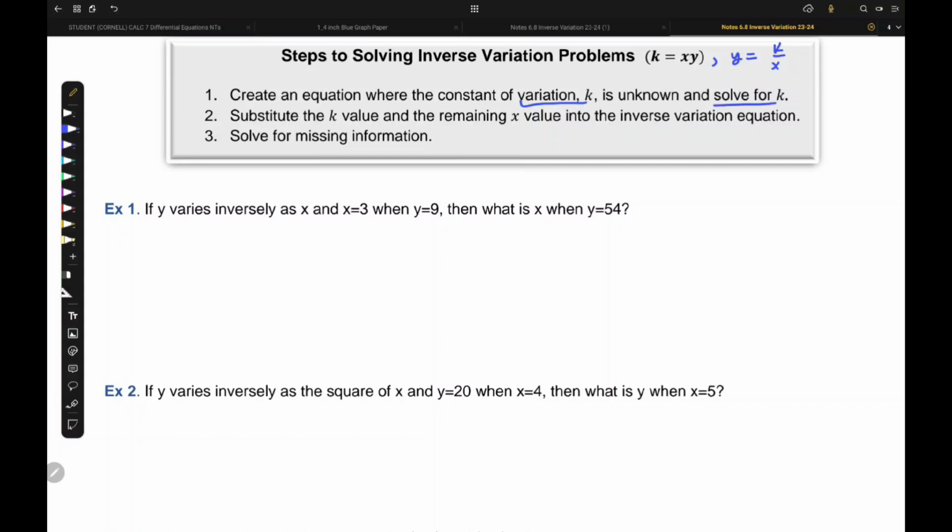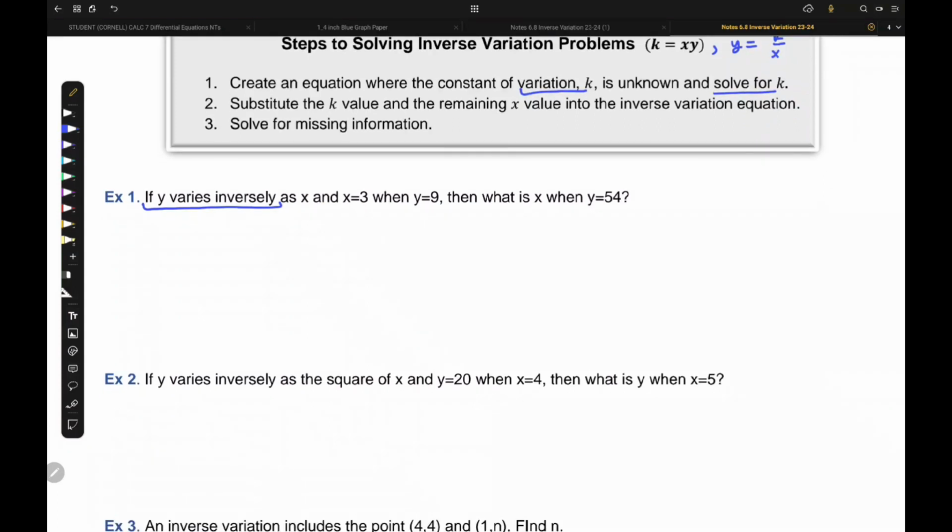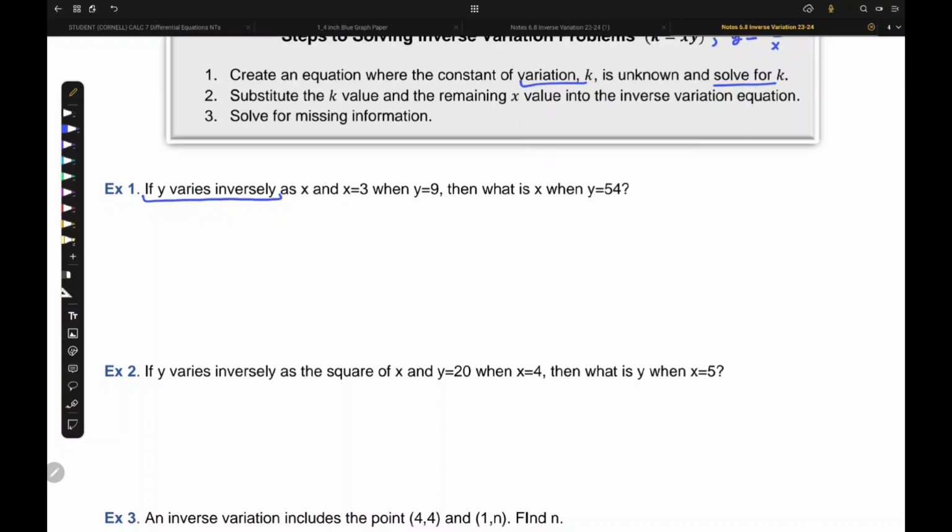They're never going to say that. This is just part of when they say if y varies inversely as x, and they give you more pieces of information down here, you have to go back and do that. So that's what's going on. Once we do that, then we're going to substitute that k value and the remaining x value into the inverse variation equation, and we're going to solve for the missing information.